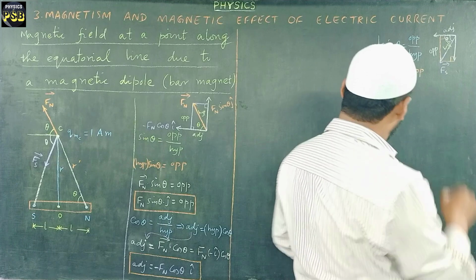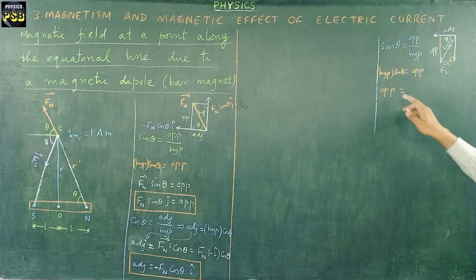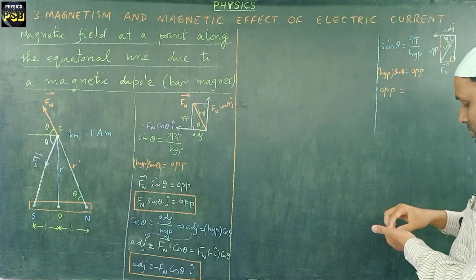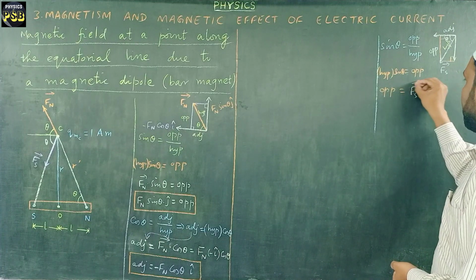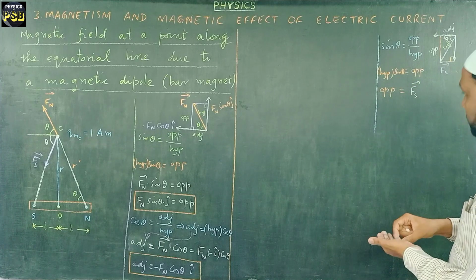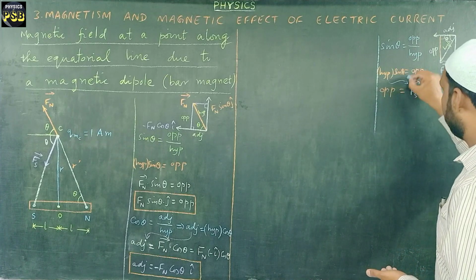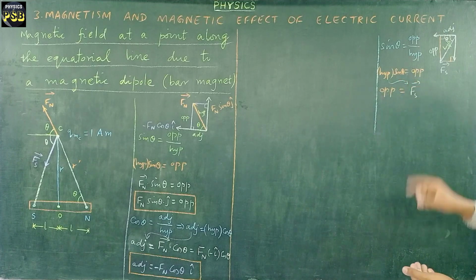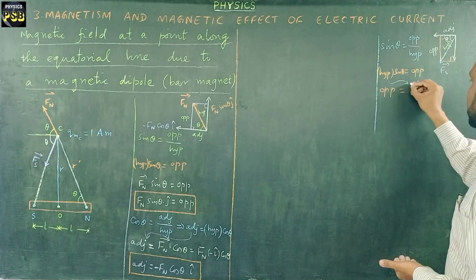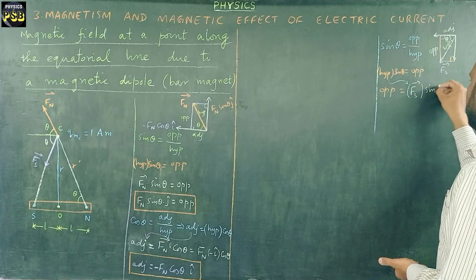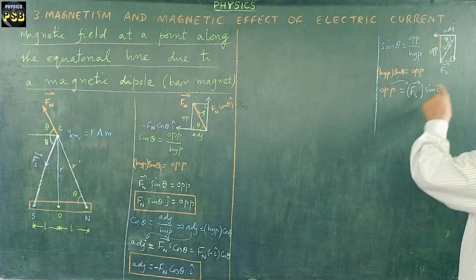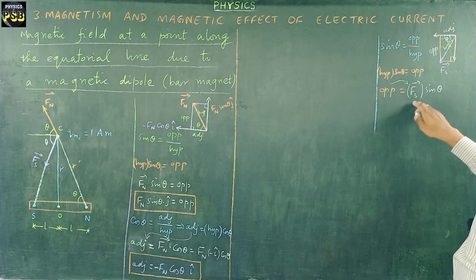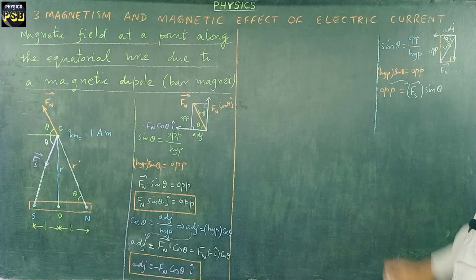Opposite side is equal to, here hypotenuse is Fs vector, then sine theta is written here as such. Okay, this is how we obtain the value of opposite side. So opposite is the product of Fs vector and the sine theta.